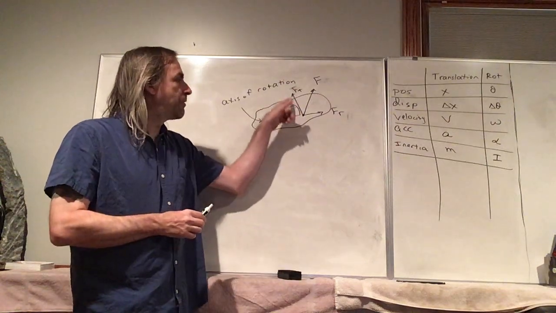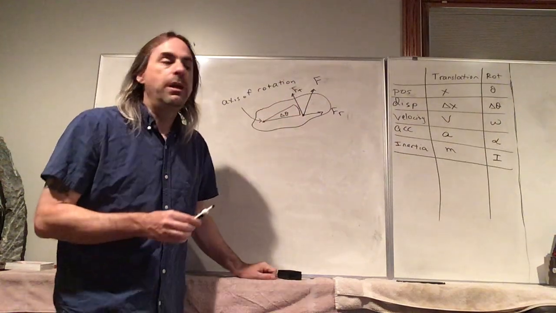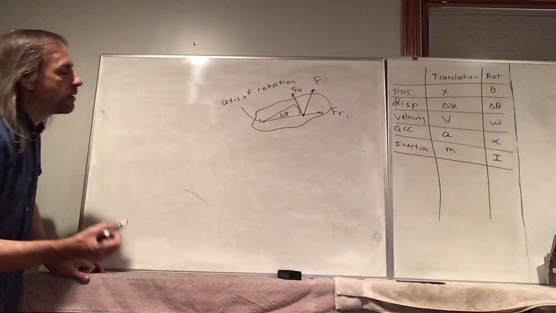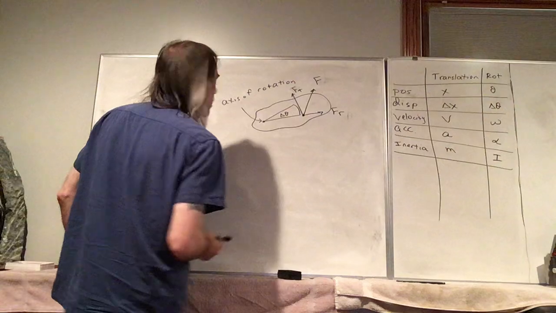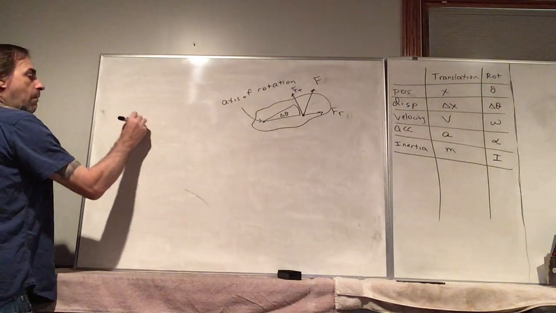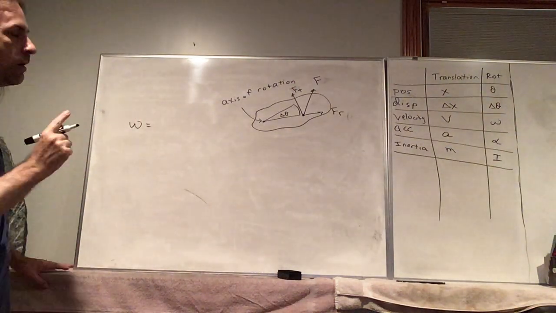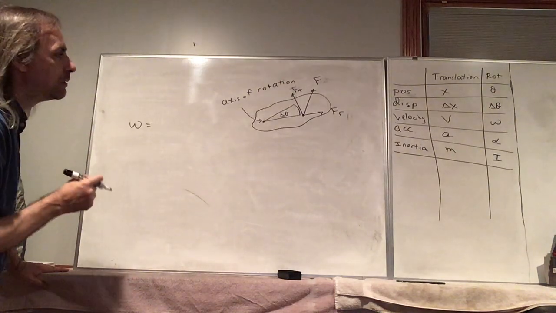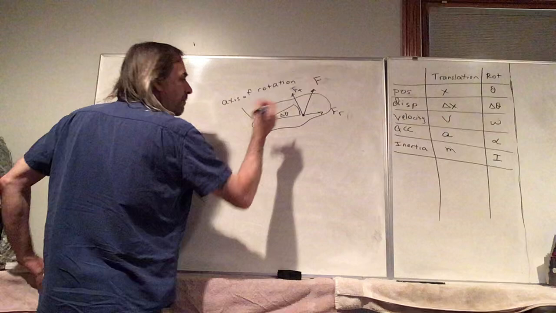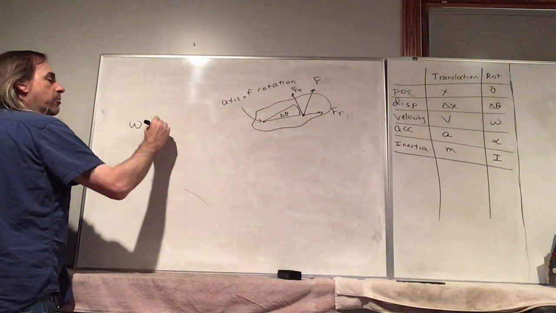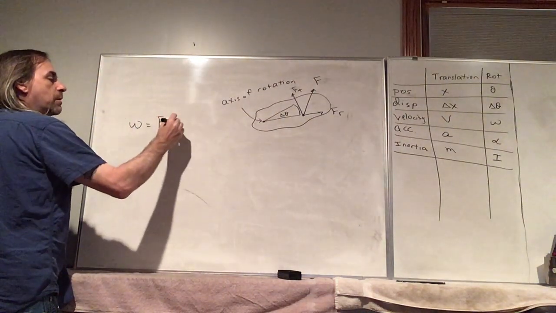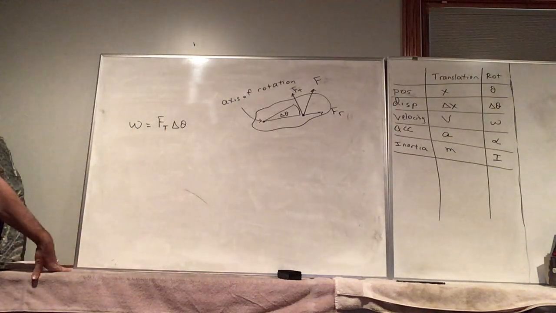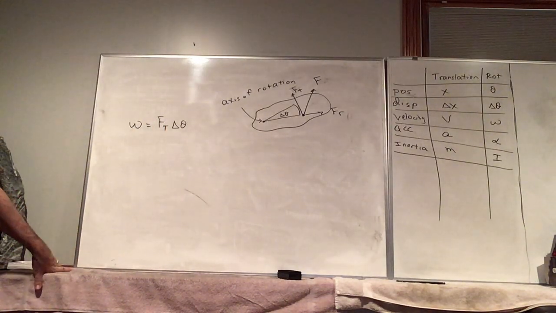Well, this object is going through this circular arc here, and so it's always moving in this tangential direction. So the work due to this force would be the tangential component of the force times the distance it moved.